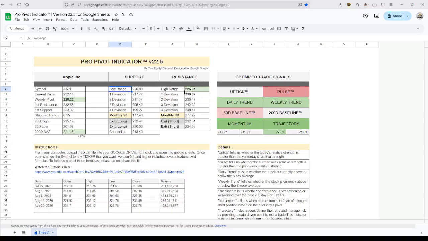If you're just breaking outside of the high end, you're having a consolidation breakout to the upside. If you're just breaking out of the low range, then you're having a consolidation breakout to the downside.